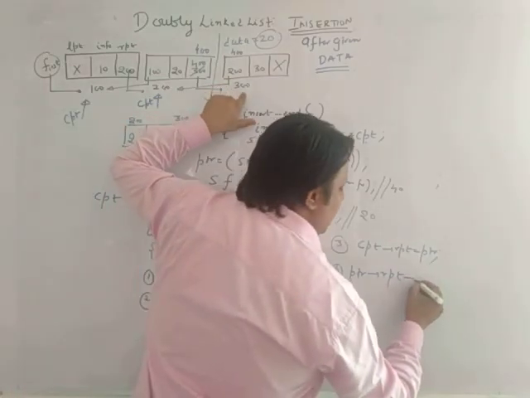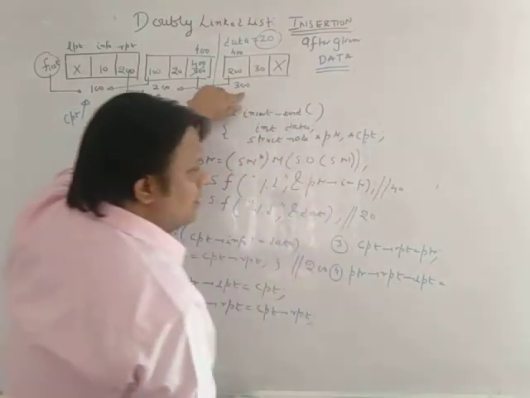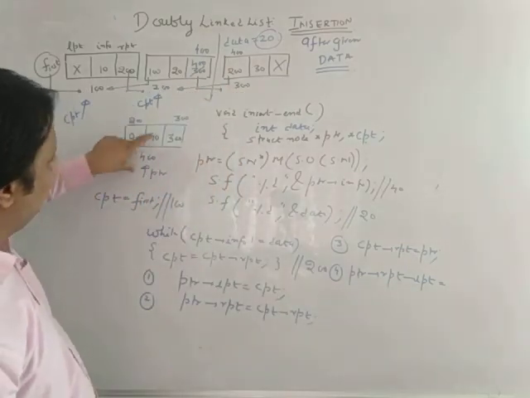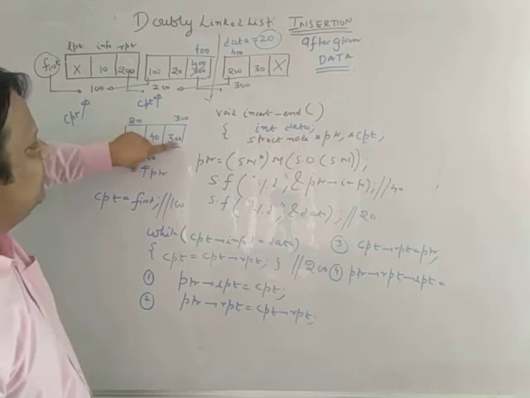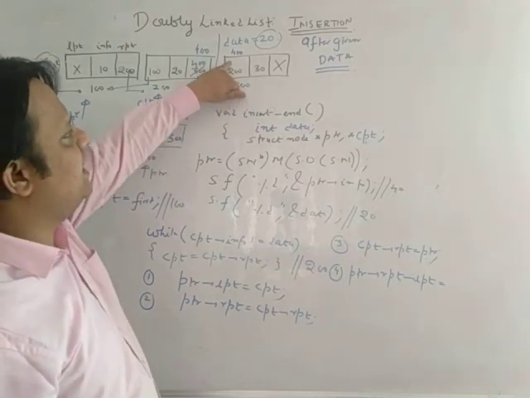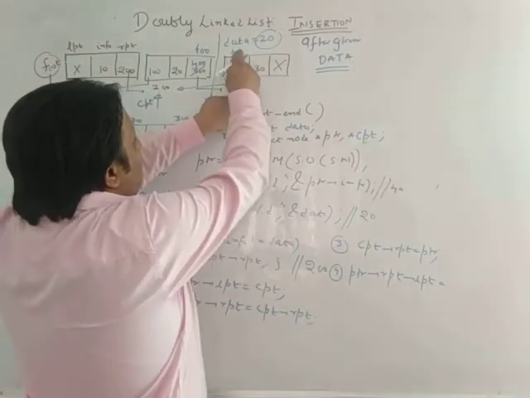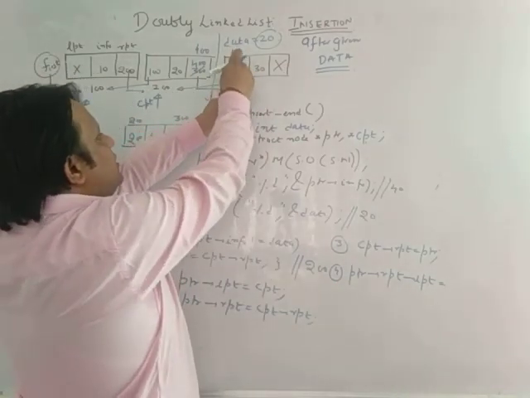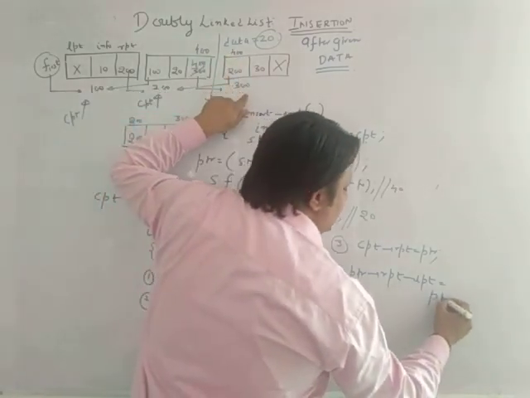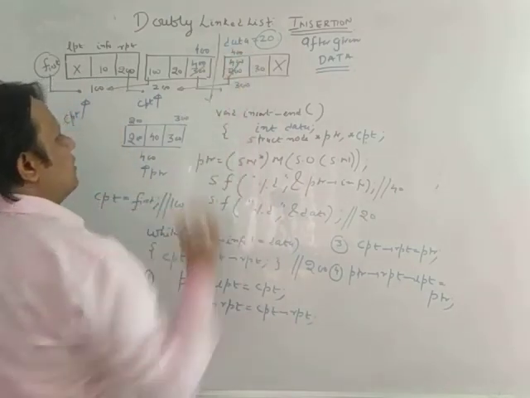So write PTR arrow RPT arrow LPT. This is very important, guys. PTR is 400, RPT is 300. So PTR arrow RPT is 300, which will take you to this node, and you want to change its LPT. So PTR arrow RPT arrow LPT, you move to this block and change it to 400. And you know 400 is nothing but your PTR. So you set it to PTR. So here now comes 400.